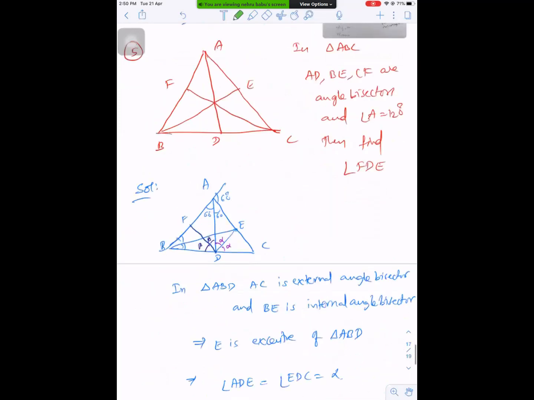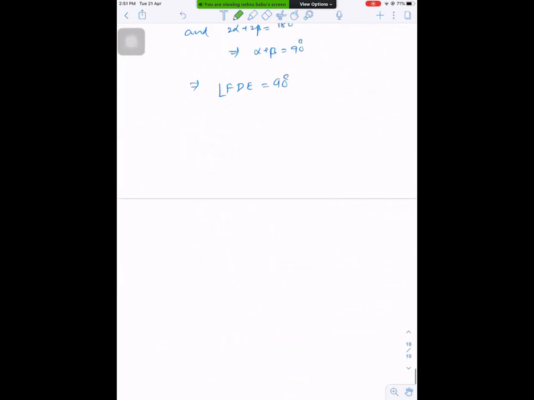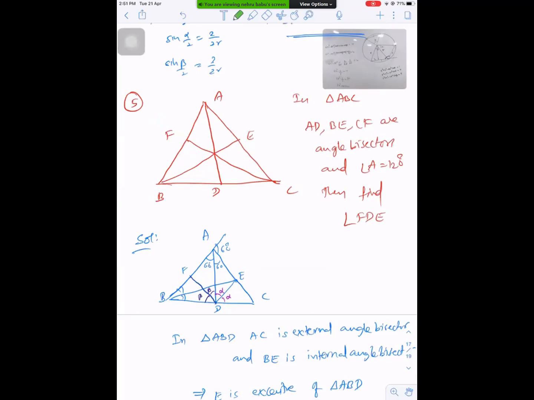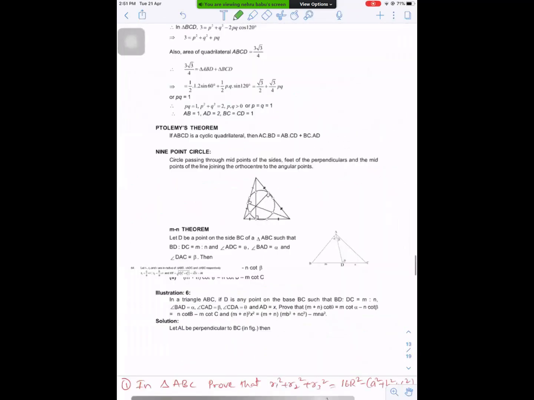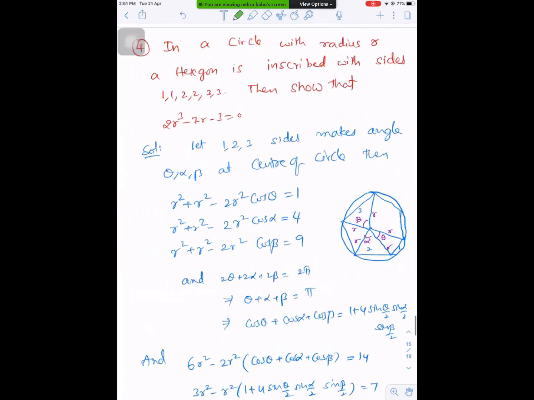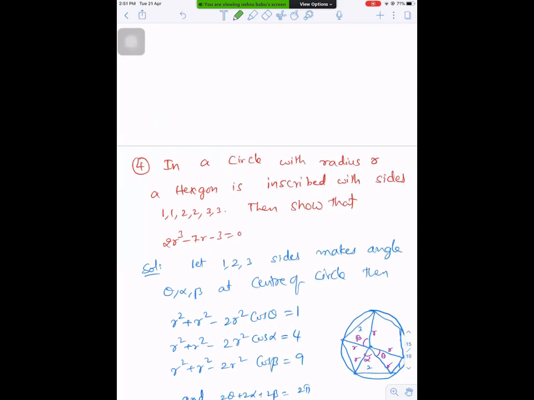At that time I read the proof, that's why I got the idea. A hexagon is inscribed in a circle with radius r and sides 1, 1, 2, 2, 3, 3. Then show that 2r cube minus 7r minus 3 equals 0.